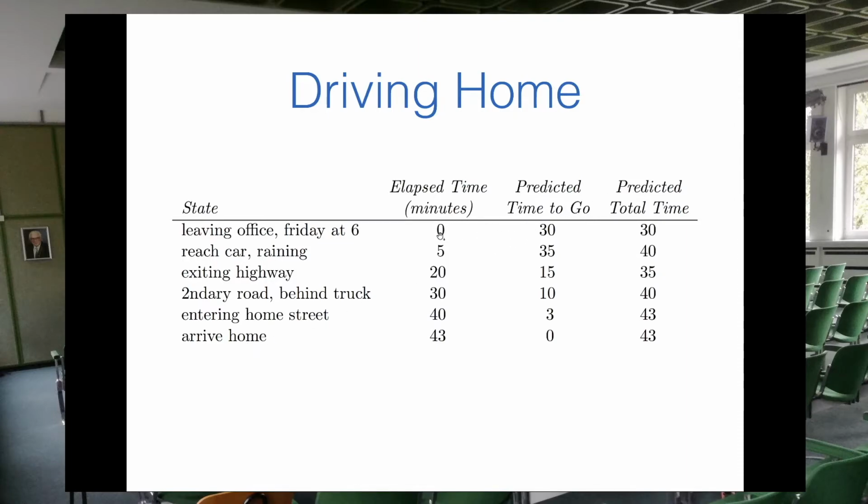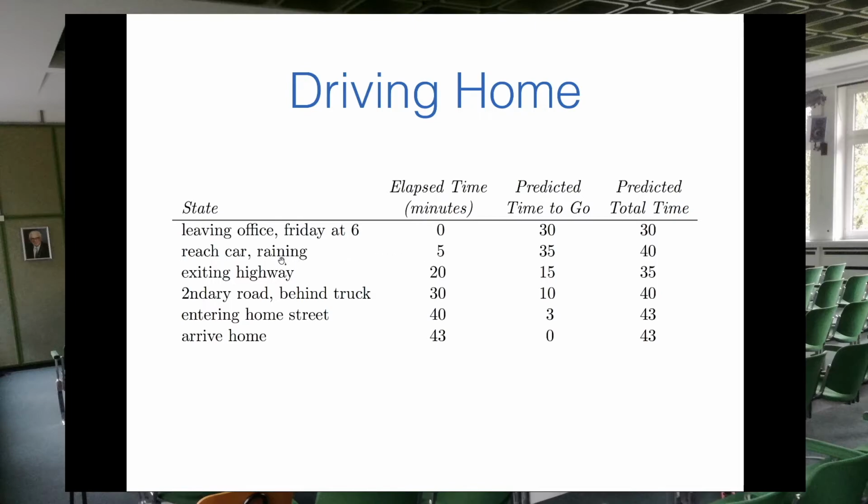You start at time 0. This is the time that you predicted that you will need to get home. So you initially predict that you will need 30 minutes. And this is the prediction of the total time that it will take you to go home. After leaving the office, you needed 5 minutes to walk to your car.